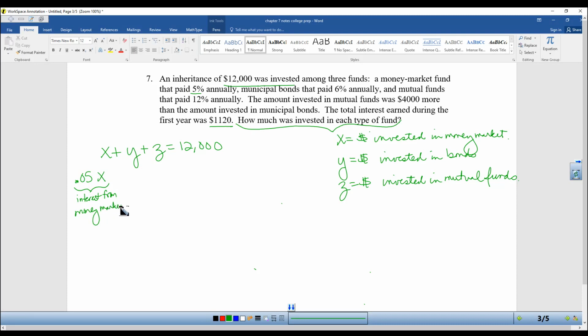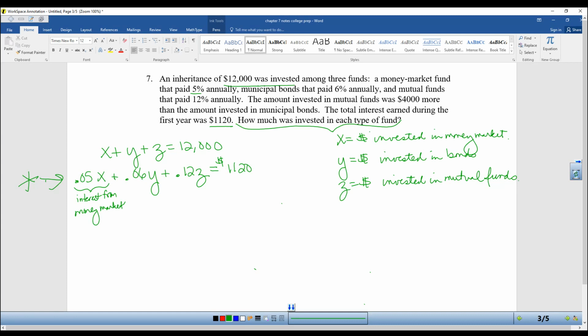If you add that to the interest you get from the municipal bonds, and then you add that to the interest you get from your mutual funds, apparently after a year, you got $1,120 in interest. So that's the hard one.